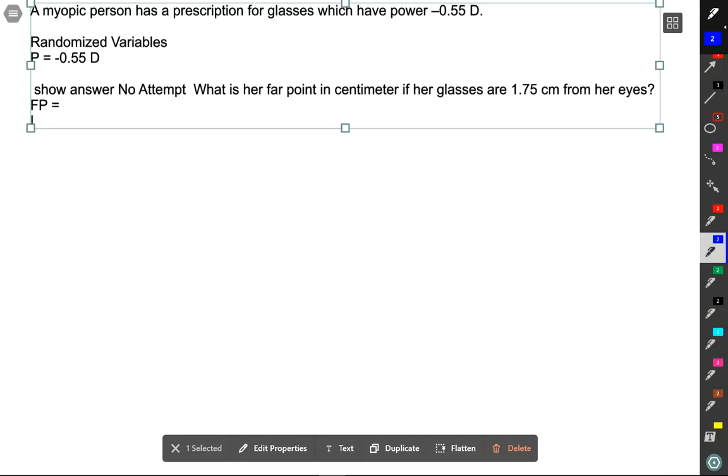Okay, so here we have it. Person with prescription glasses of minus 0.55 diopters. So we have power. What does a diopter mean?